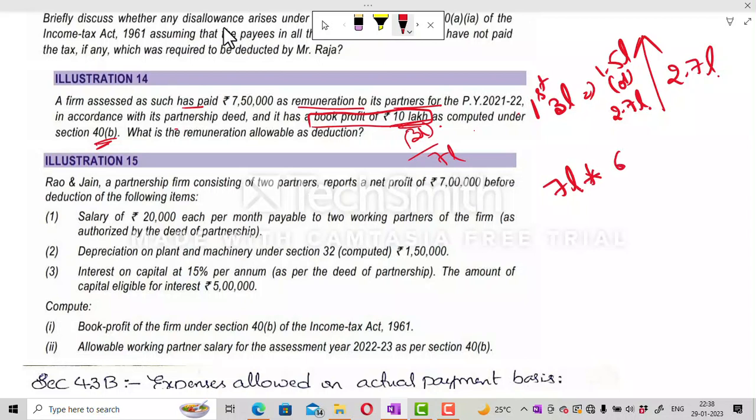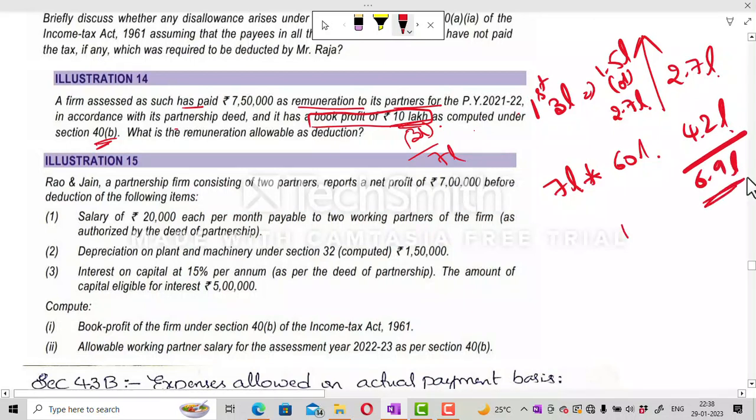On 7 lakhs we can pay 60%, that is 4.2 lakhs, so the total is 6.9 lakhs. This is the maximum deduction allowable, but they have paid 7.5 lakhs. So the difference will be disallowed, meaning 60,000 should be added back to PGBP.